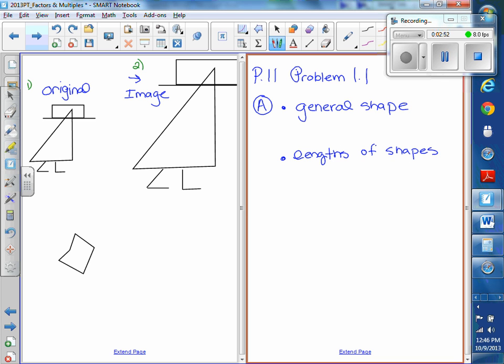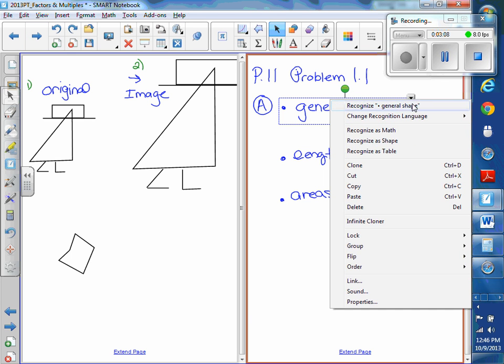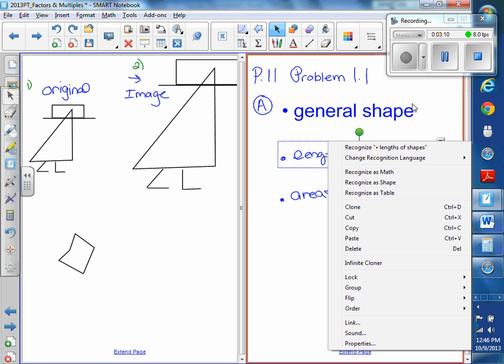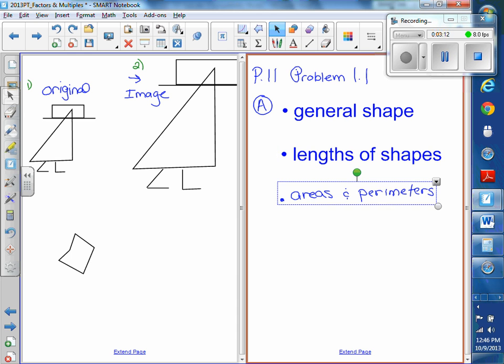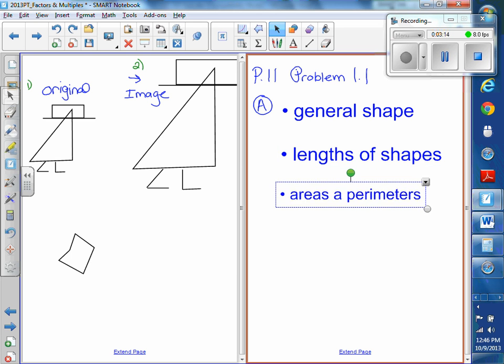And then the third one is the areas and the perimeters. We'll start with those. And so if you looked at Allie's paper, it's just got a lot of writing. That's what it should look like. You don't necessarily need numbers. You might have some numbers.